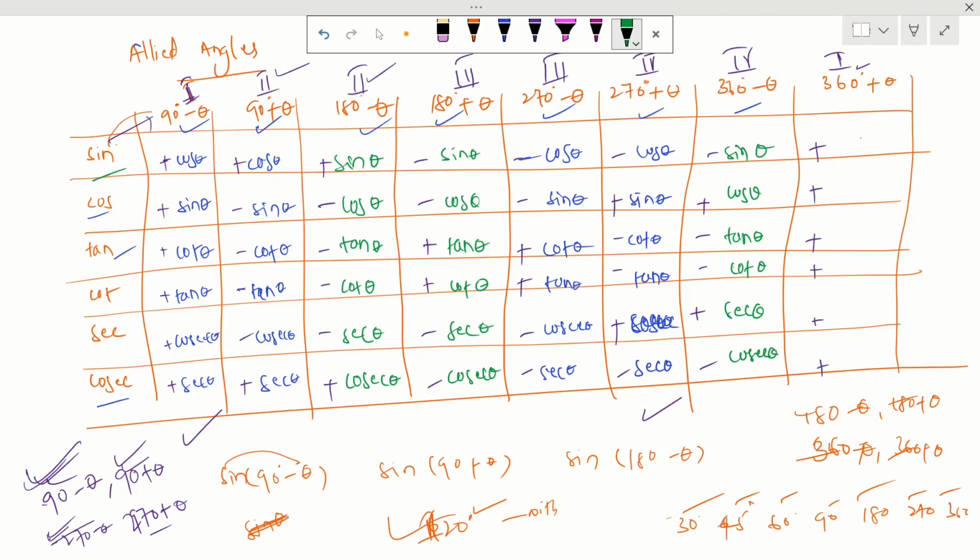Understood? So the same thing I am writing here: sine theta, cos theta, tan theta, cot theta, secant theta, and cosecant theta. Now you understood, right, how the things will be written.